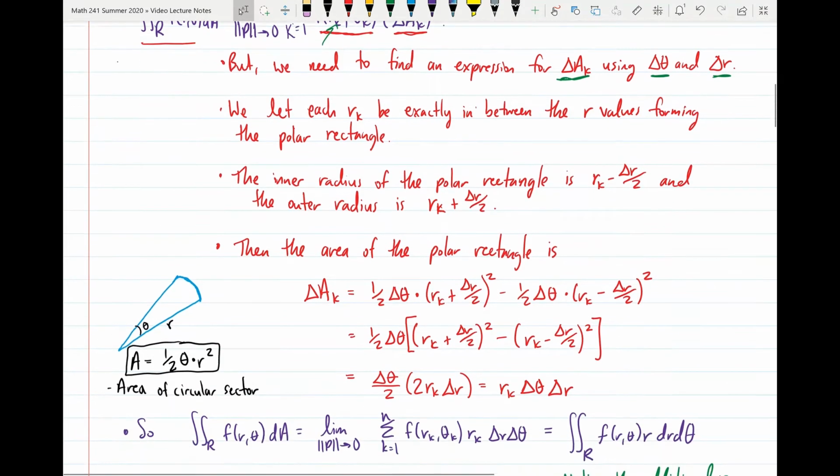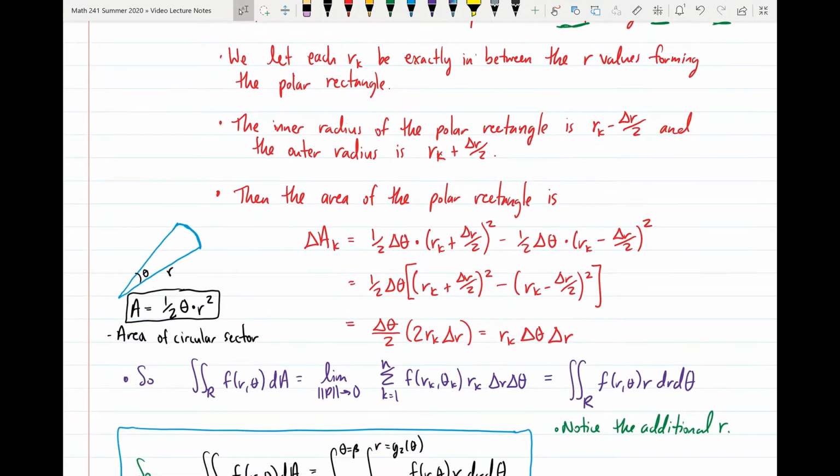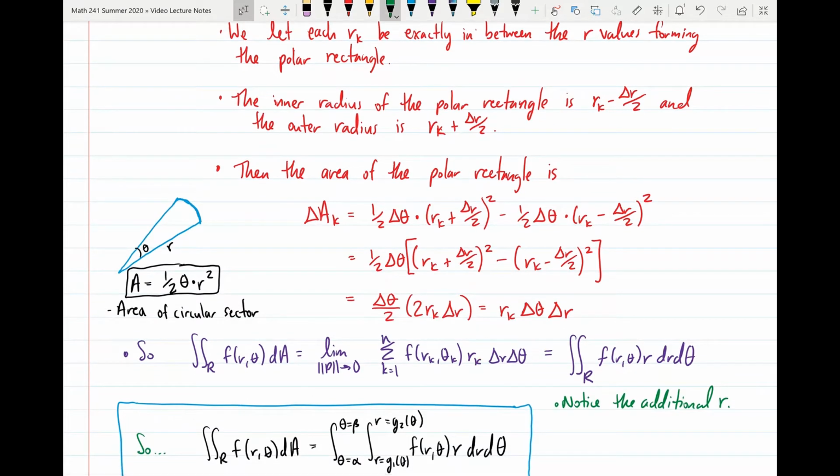Okay, and then the area of the polar rectangle is going to be given by this expression down here, which looks pretty nasty at first, but this expression is coming from the formula for the area of a circular sector, which I have given over here. So if you have an angle theta, you can think of it as being part of a larger circle.